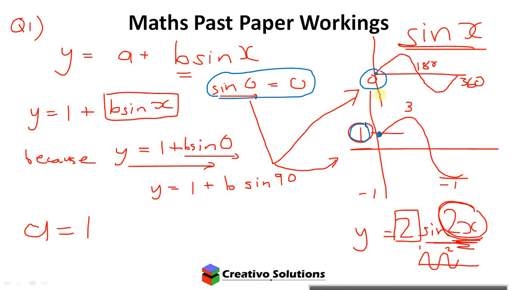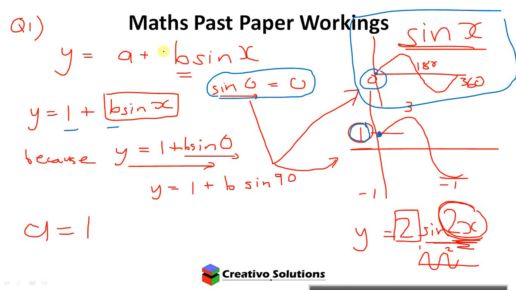But now, do I have 0 in this question? No, I have 1. Because the question isn't the basic sine graph, because the basic sine graph y equals sine x is that picture over there. So they've added a and b to manipulate the shape of the graph. So the shape changes.